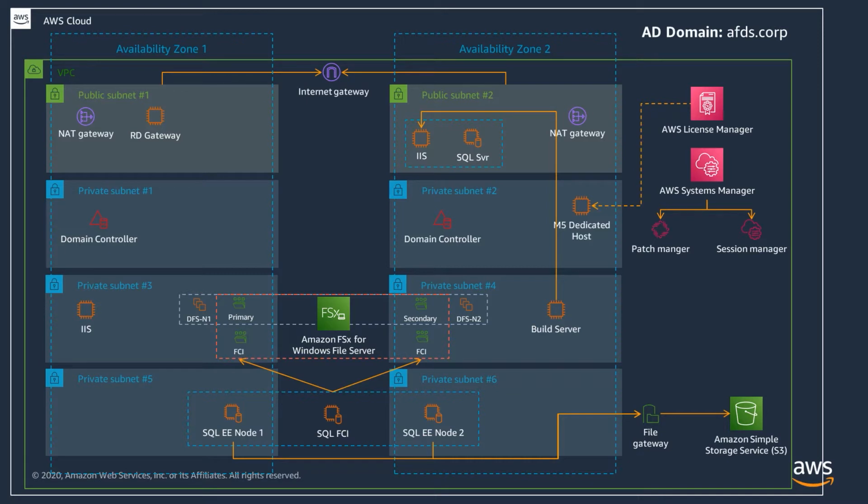Let's put all these pieces together and look at what the finalized architecture will be. FSx will now host the replicated data across 2 availability zones and manage the underlying instances for you. From an HA standpoint, we've also added another DFS namespace node so that it is not a single point of failure.